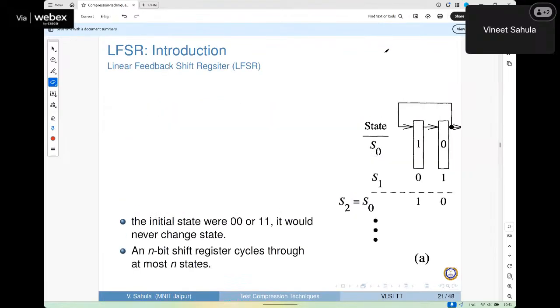So let's have some examples before we gather the generic circuit of LFSR. This is a very simple example of a feedback. There is an output here which is fed to the main input here. That's all, nothing else. And we have some input stored there.